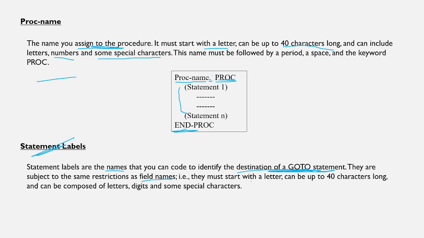They must start with a letter, and can be up to 40 characters long, the same as we have in the Proc. In the Proc also we had 40 characters. And it can be composed of letters, digits, and some special characters, same as the Proc-name.